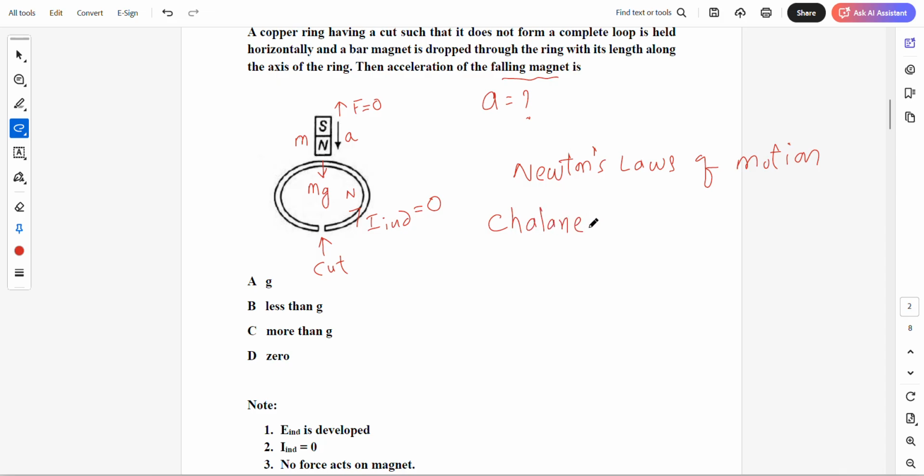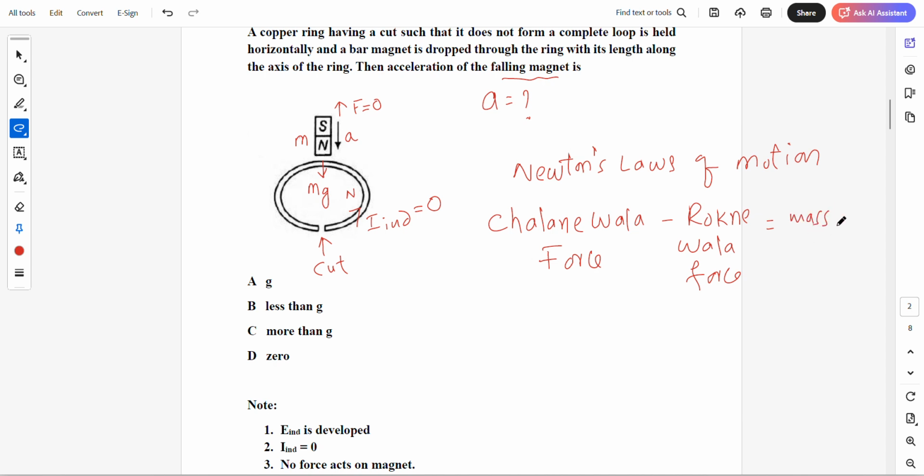the driving force minus the opposing force is equal to mass into acceleration.